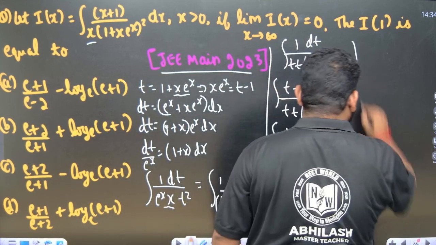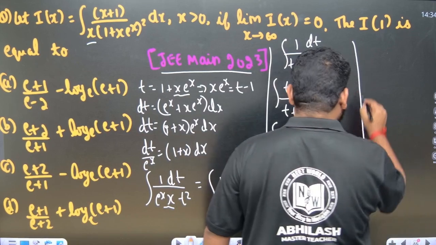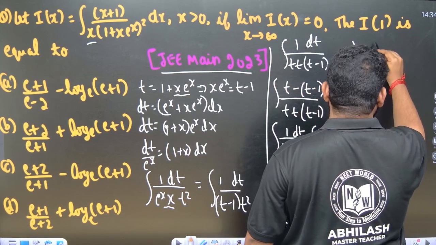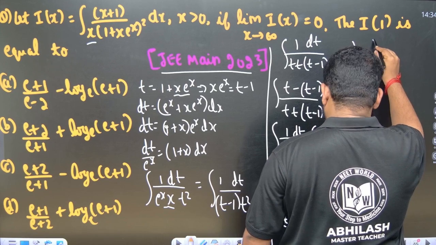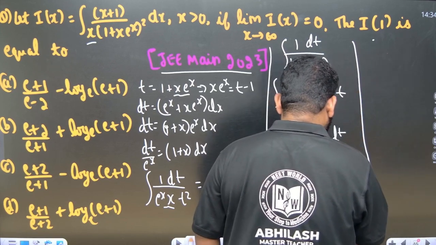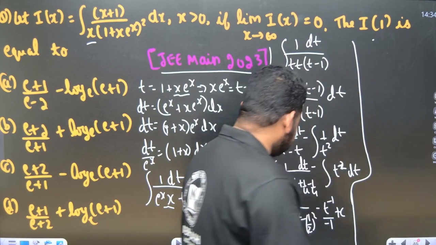Now, if I write it here, this entire thing, after integrating, I have to write it as plus c, but I still have to integrate this.